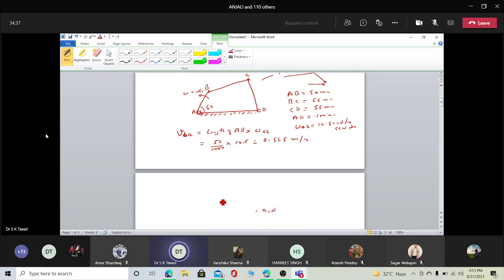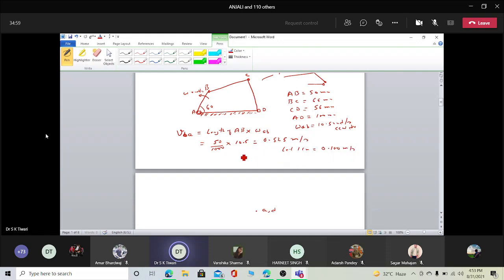Okay. Now I know that the velocity of B with respect to A, why? For B, A is the center of rotation, is 0.525 meters per second. I have to draw the vector. I'll choose a scale. Let 1 centimeter represent a velocity of 0.1 meters per second.